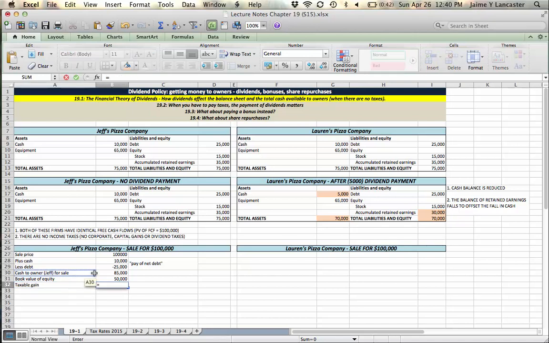Looking familiar? $85,000 minus $50,000. So he will need to pay tax on this gain. But in this case, we're assuming that we've got a 0% tax rate. So he would pay 0% times 35,000, otherwise known as 0.